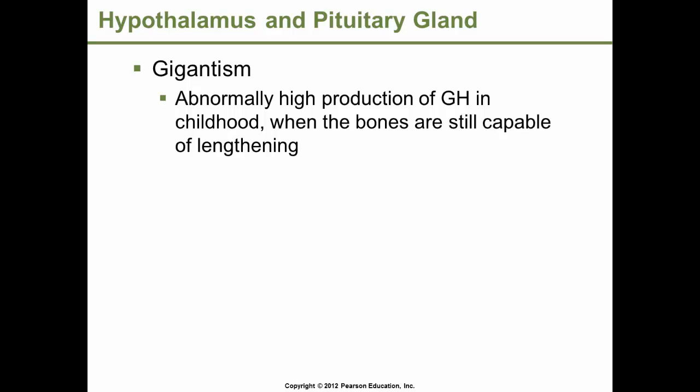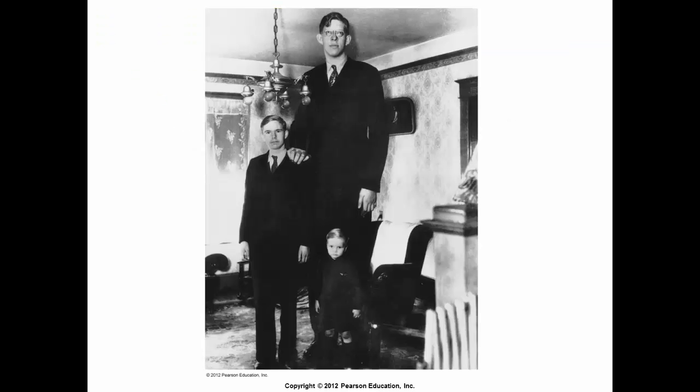Giantism is characterized by rapid growth and height abnormalities of possibly 8 to 9 feet. And this is an image found in your textbook of an individual where abnormally high production of growth hormone occurred during childhood when the bones were still able to lengthen.